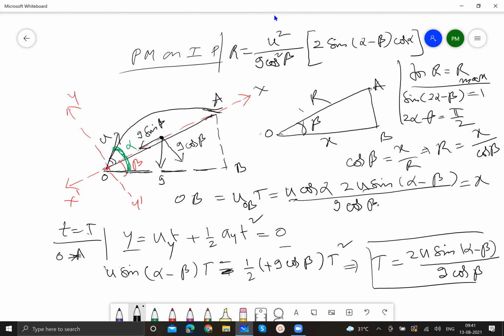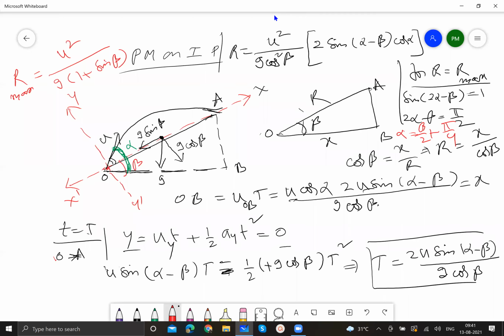Therefore I get alpha as beta by 2 plus pi by 4. So if you substitute in this formula, then the maximum range will come out to be u square by g into (1 plus sin beta).